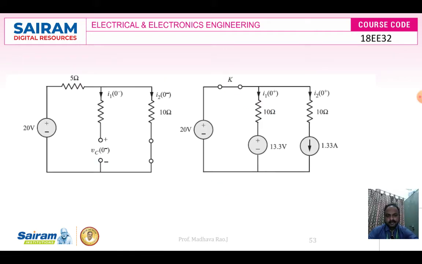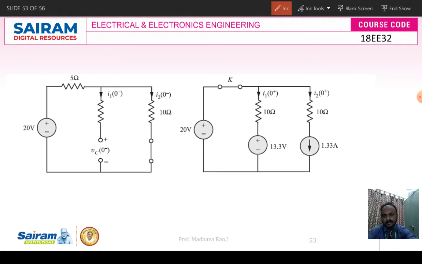You can see here, in the short circuit and open circuit conditions, in an open circuit current will not flow, but voltage appears. So we get 13.3 volts, and using the current flowing in the second branch, you can find the voltage across this branch.